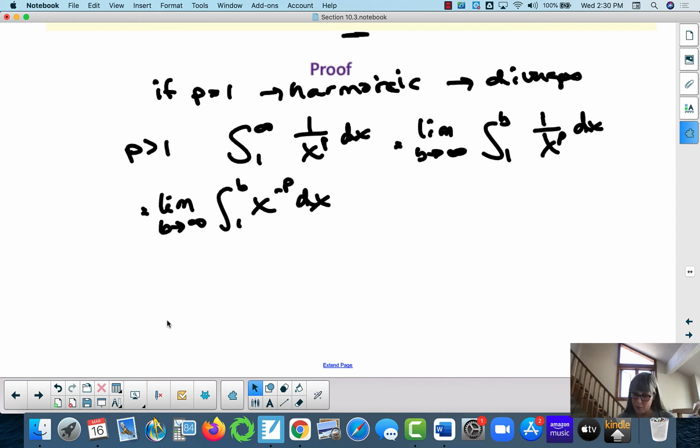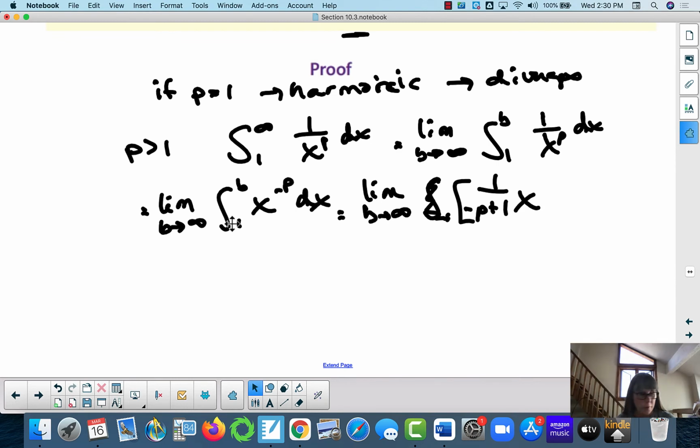And so when we use the power rule to evaluate this, we add 1 to the power and multiply by the reciprocal. So that's 1 over negative p plus 1, and then the power is also negative p plus 1. That's the power rule, and we're evaluating that from 1 to b.